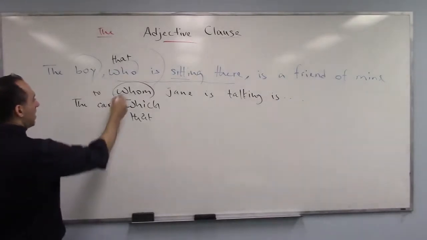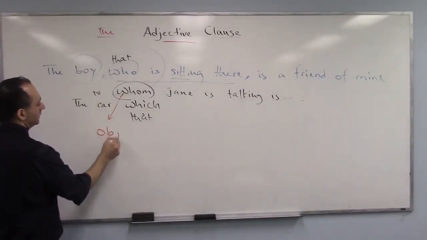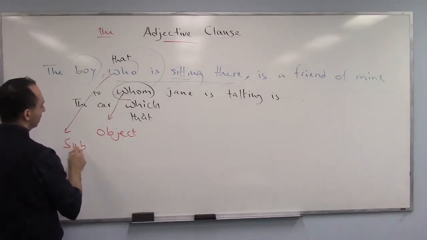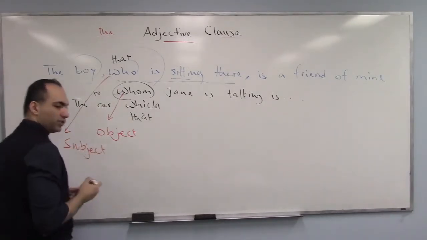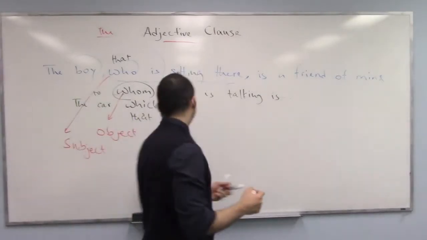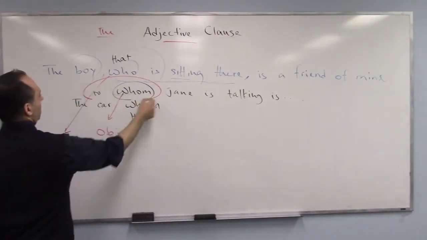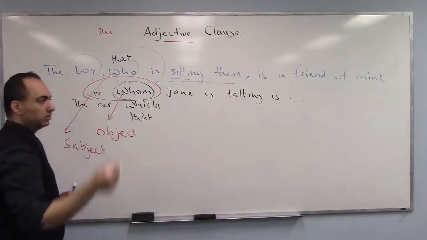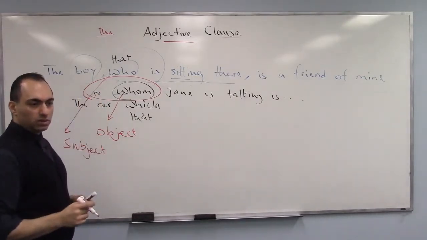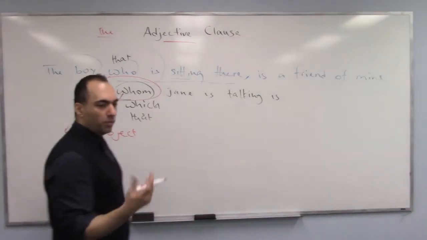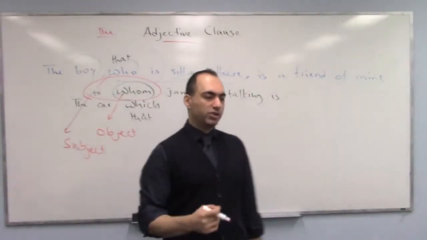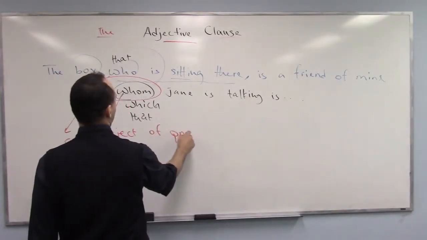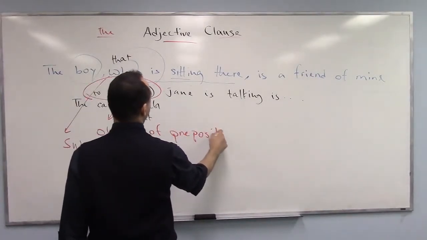Because whom here is an object. Who is subject, whom is object. So if a preposition like to, with, or in is added, who becomes whom, an object. We have an object of preposition.